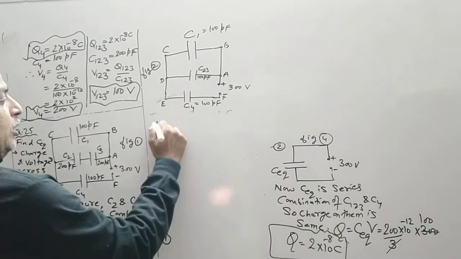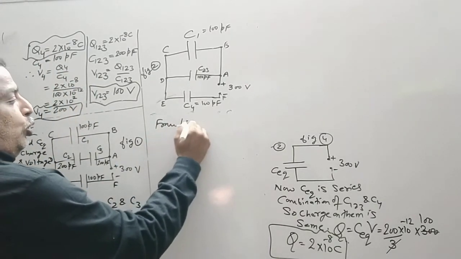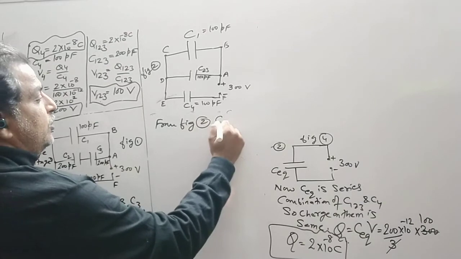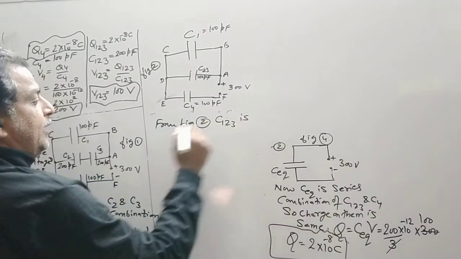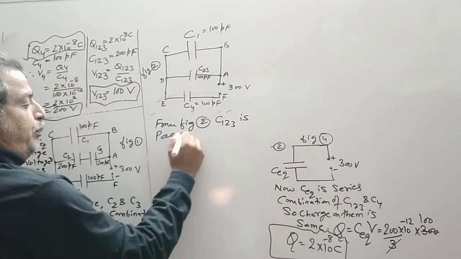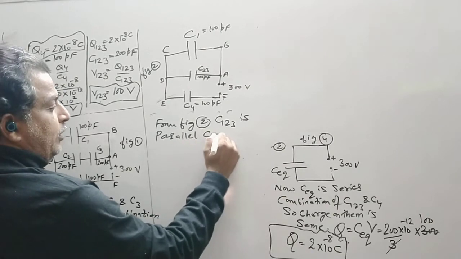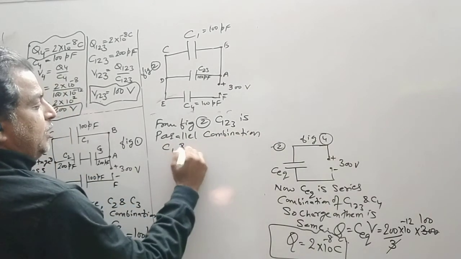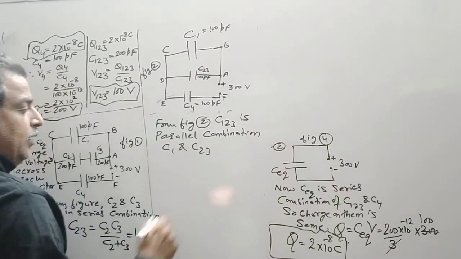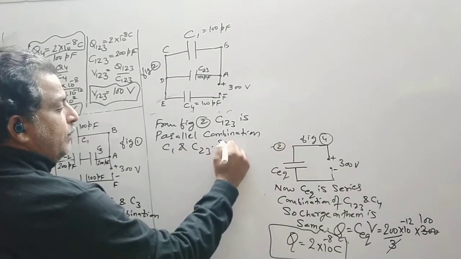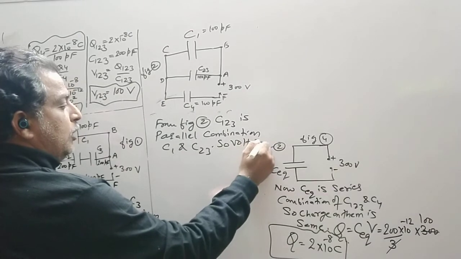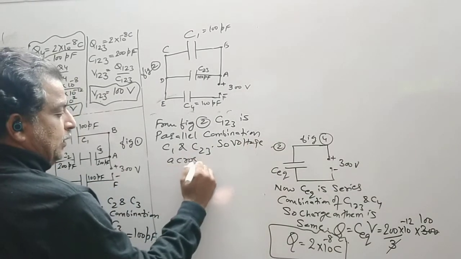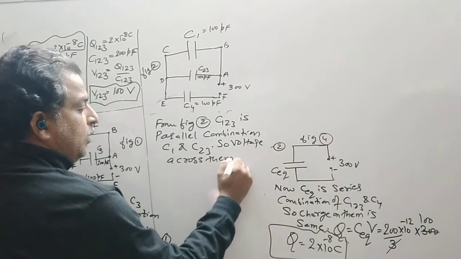So from figure 2, C123 is a parallel combination of C1 and C23. So the voltage across them is the same.